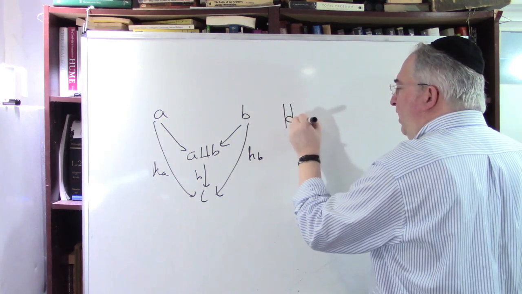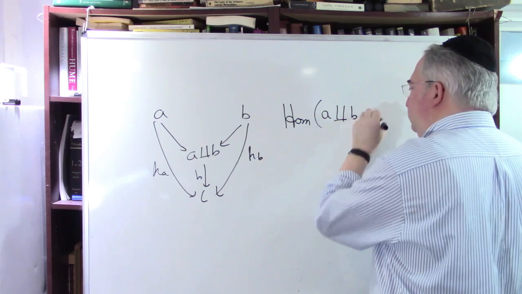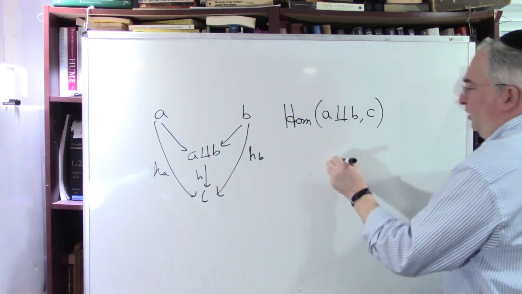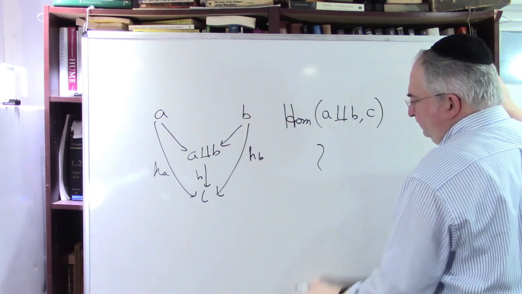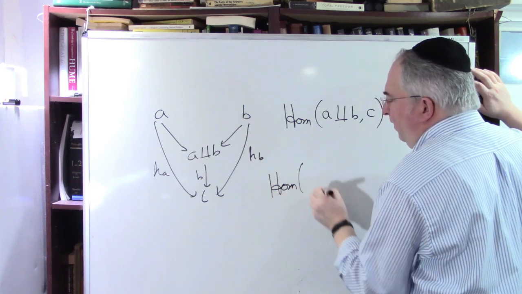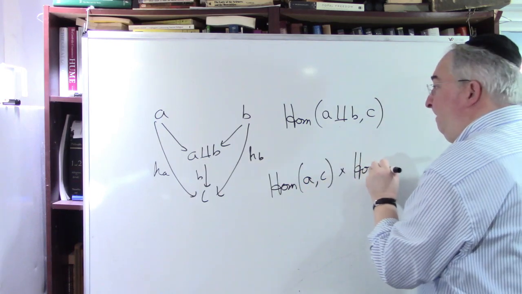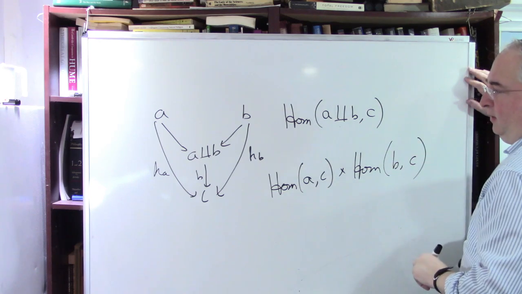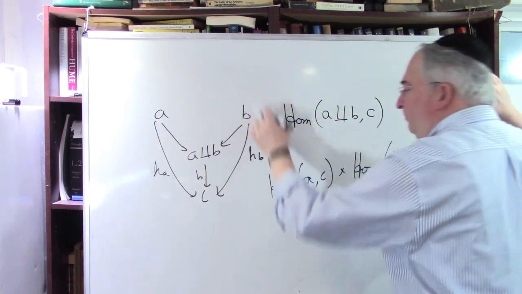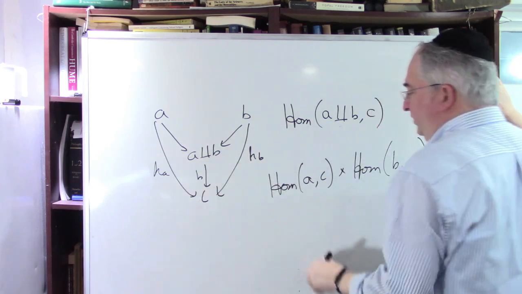We look at HOM of A disjoint union B to C, and it turns out that this is HOM of A to C cross HOM of B to C. Give me a map from A to C, give me a map from B to C, then I'm going to get a map from A disjoint union B to C.